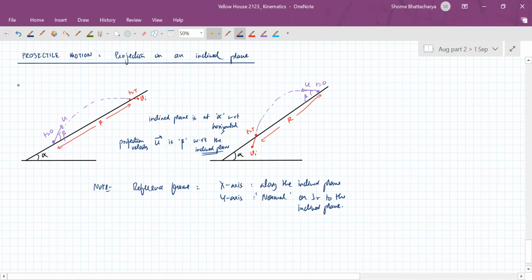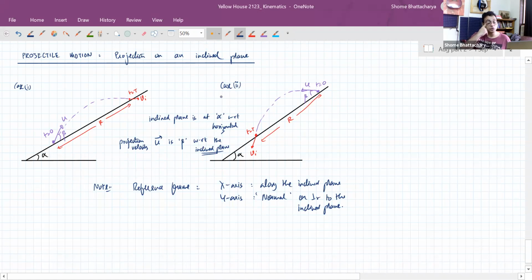Sir, if we take it horizontally and vertically also, we can do it. We can take that point where it reaches as the height, like x and y coordinates. Yeah, but it'll become a little more complicated. So it's easier to do it this way.